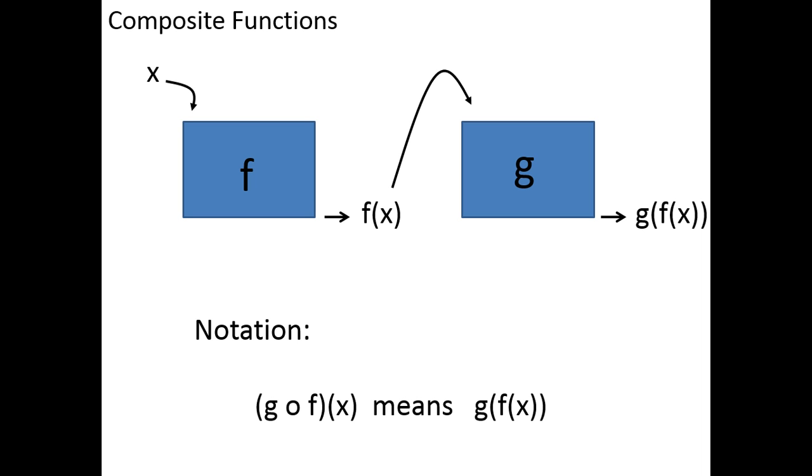Sometimes you'll see composite functions written like G circle F. It looks like G O F. It's actually G of F of X. So what you see on the left side, what looks like G O F, really means G of F of X, and that means the same thing as what you see on the right side, which says G of F of X. Now what's going to be important in either of these notations is to know which function is acting first on the input. So the order is going to make a difference. We'll have to be careful with that.